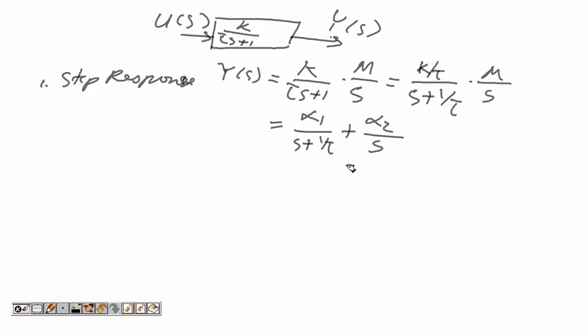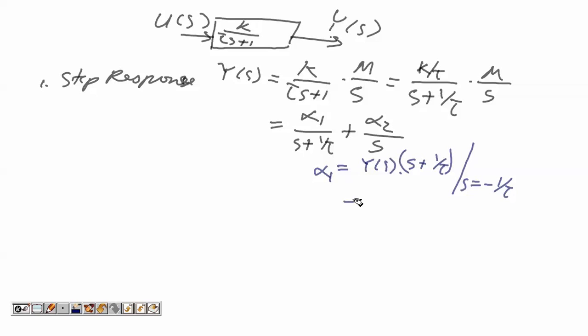Now we find the alpha 1 and alpha 2. Alpha 1 is, because this is the first case, meaning that the roots are distinct, we can use the Heaviside method by Y(s) times s plus 1 over tau and set s at minus 1 over tau.